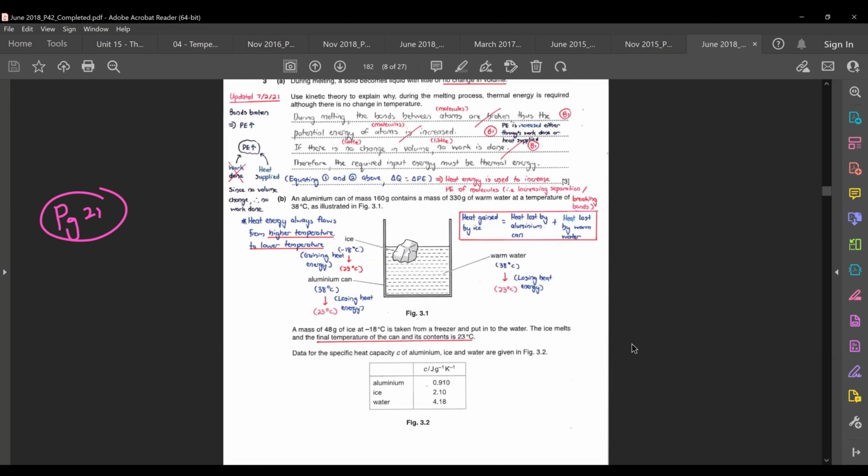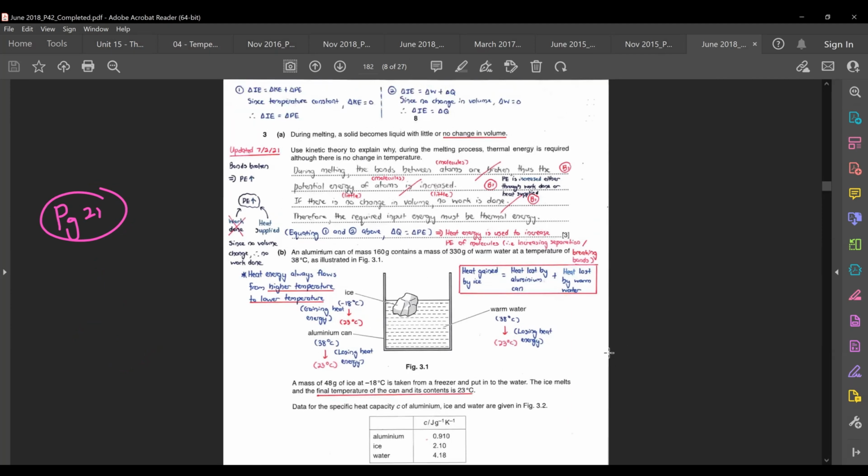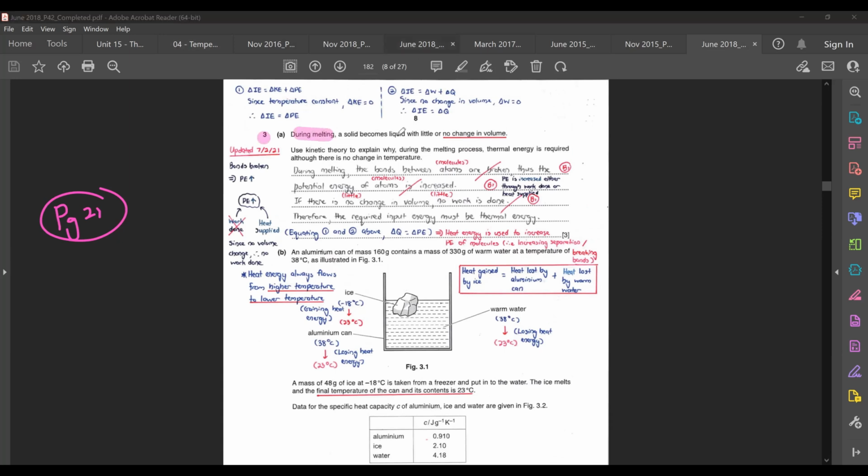Okay, now, so for this question here, during melting, a solid becomes liquid with little or no change in volume. Use kinetic theory to explain why during melting process thermal energy is supplied. Thermal energy is required, although there's no changes in temperature.